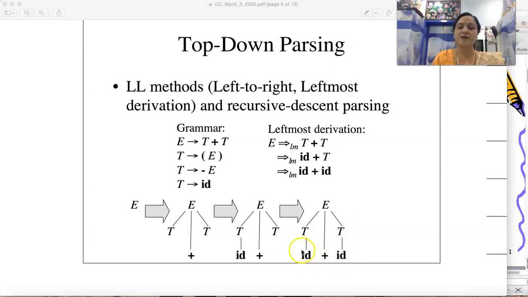Now if you check, the leaf nodes are the same as the input, which is nothing but the leftmost derivation of E tends to T plus T. So what we can learn from this is that LL parsing uses leftmost derivation. If we perform leftmost derivation of E tends to T plus T, we get the input ID plus ID, and the same thing we can see with the help of the syntax tree, where we achieve successful parsing.